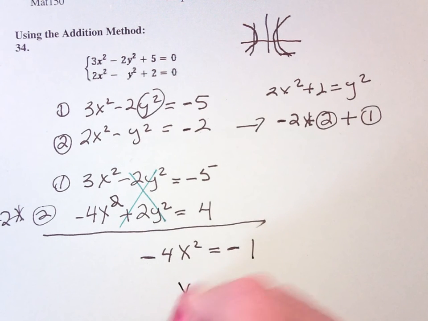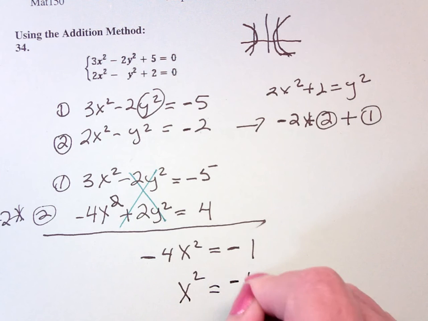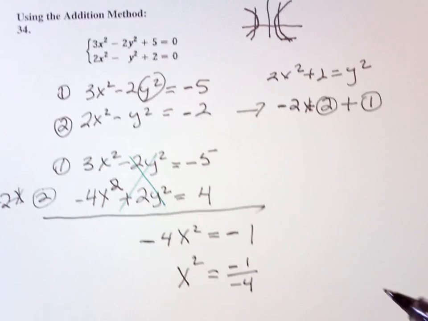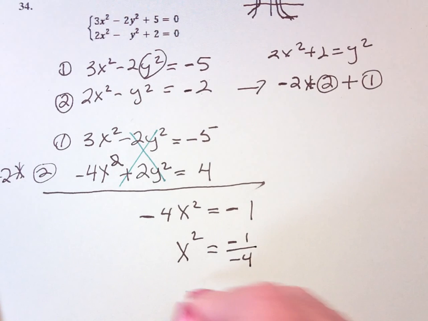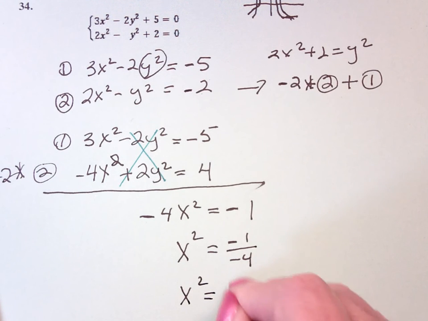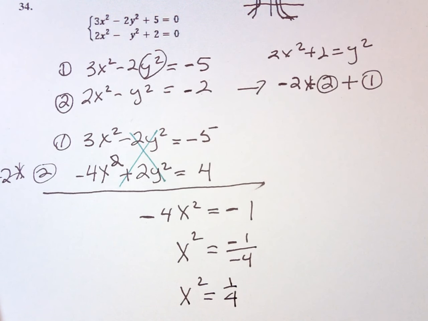Or that x squared equals minus 1 over minus 4, or that x squared equals positive 1/4. All right, I got 3x squared with the 4x squared. Is it just minus x squared now? Ooh.